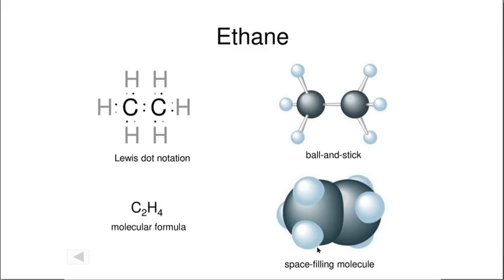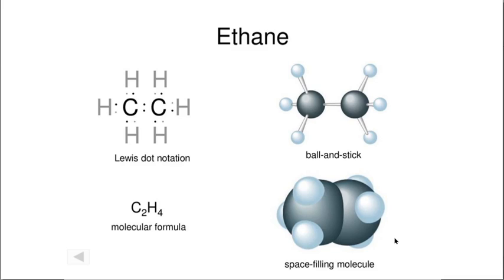And then finally, sometimes we have another way of representing it, because this is very useful for understanding intermolecular forces. We actually draw the electron clouds, and the electron clouds give you an idea of what the structure actually looks like, because this looks a bit long and skinny, but when you look at the space filling model, it's not so long and skinny. All of these have different uses for representing different things, and you need to be familiar with them.